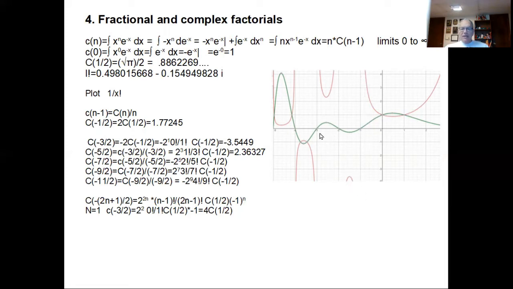And so we can see these infinite loops that are deriving in there. And they're getting closer and closer to the origin. Okay, so drawing this picture gives us sort of a view and makes us feel maybe a little bit more comfortable with negative fractions, negative factorials, particularly in this inverse form.